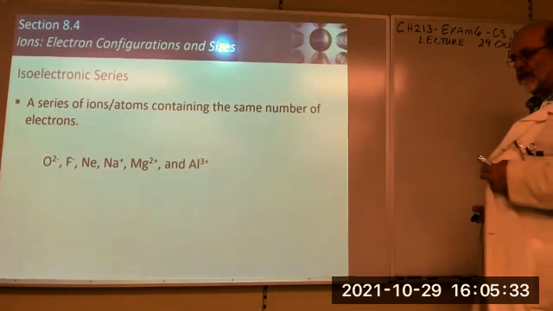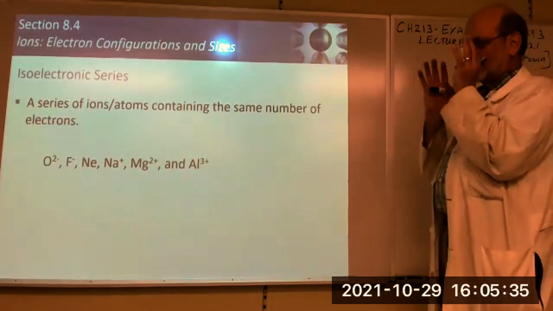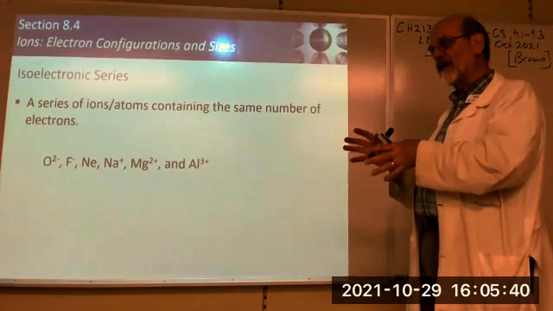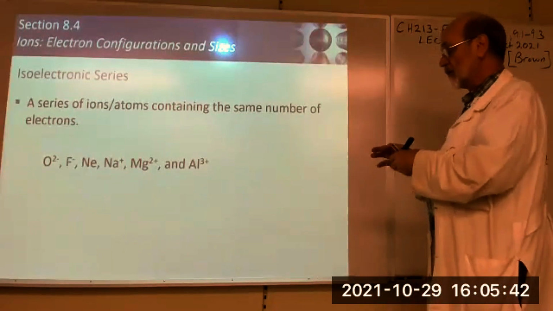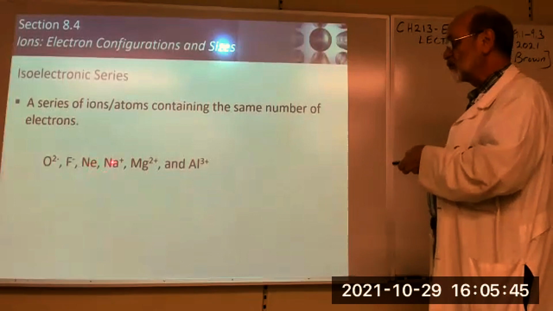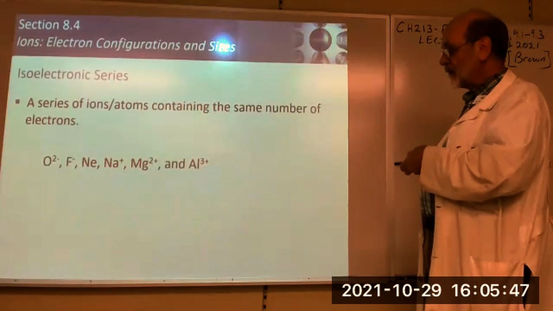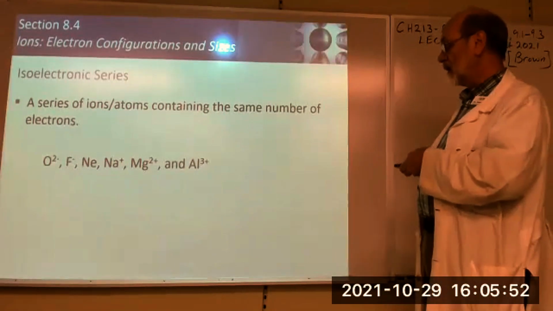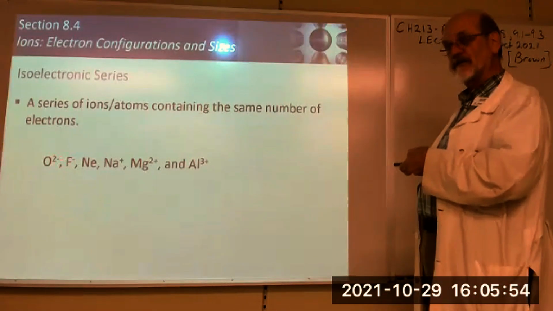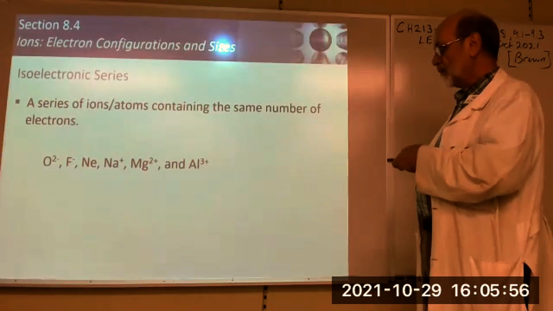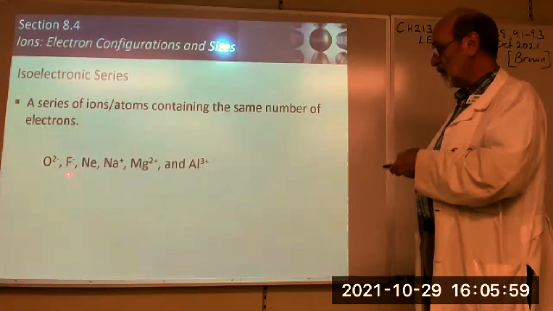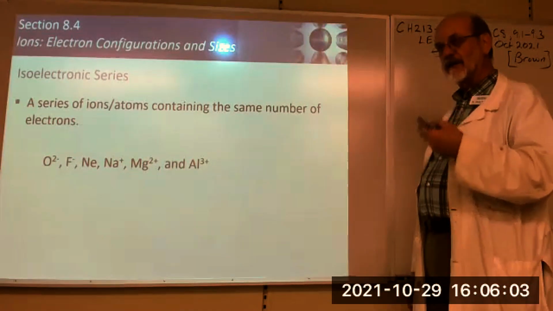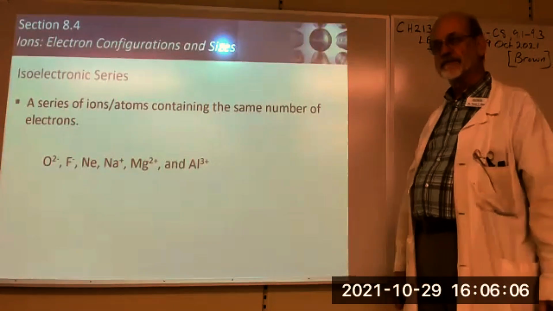Isoelectronic series. We've learned how to write the electronic structure for atoms and some ions. All you have to do is write out the neutral version. Then if it's a positive ion, you just take one electron away and see what that does to the structure. If it's negative, then you just add an electron and see what that does. But all of these are in an isoelectronic series because they have identical electronic configurations.